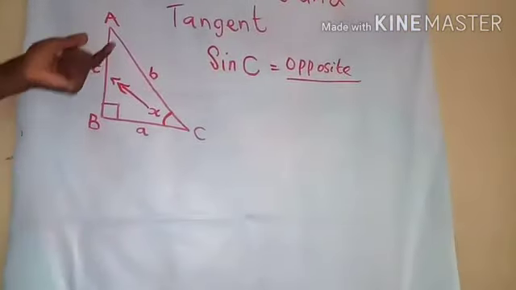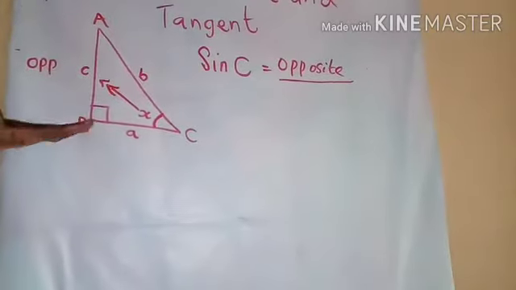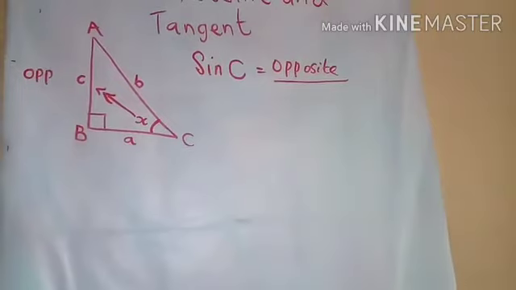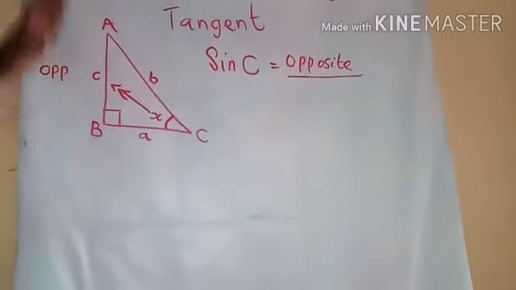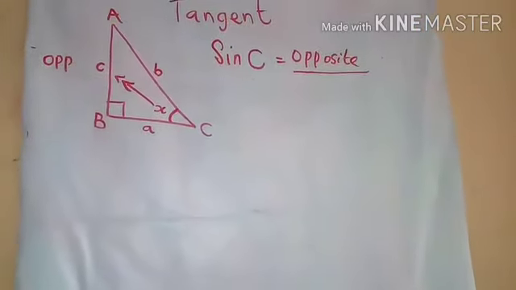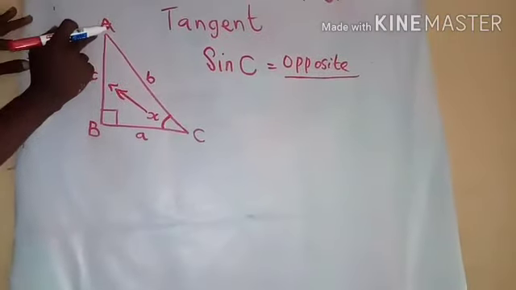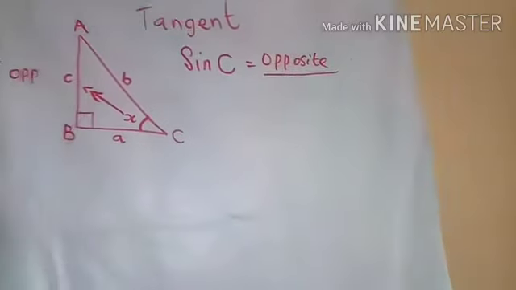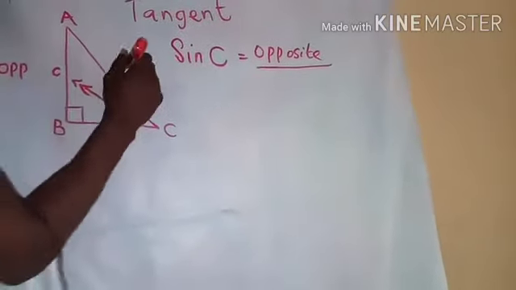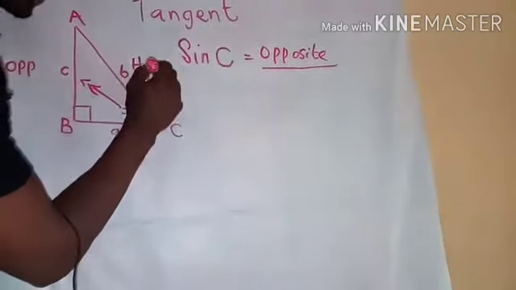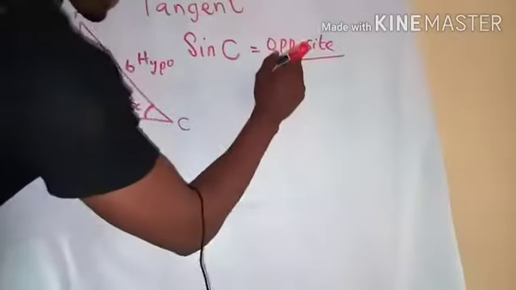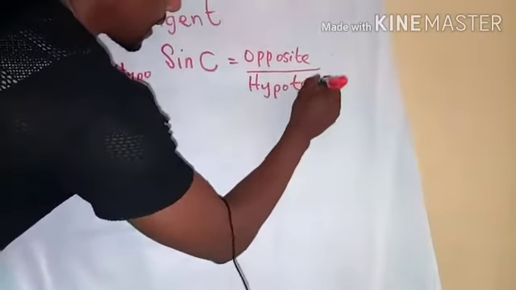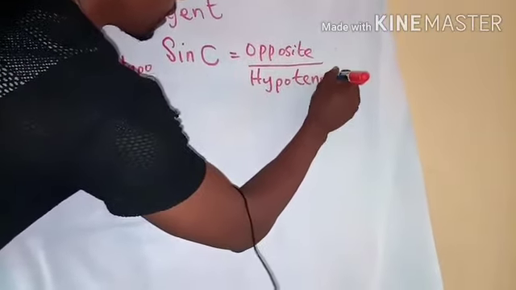So since these have claimed opposite, we're now left with line A and line B. We are sure and convinced that line AB is the longest line, because the longest line is given the name hypotenuse.